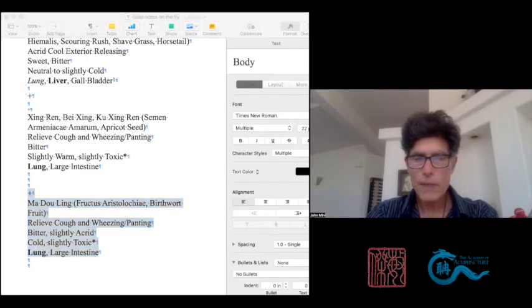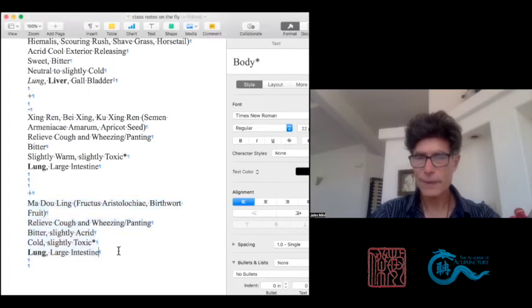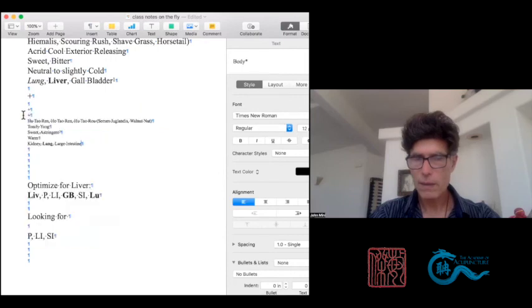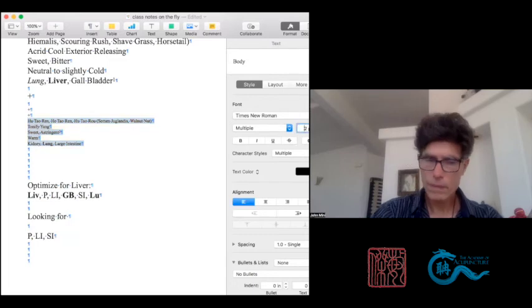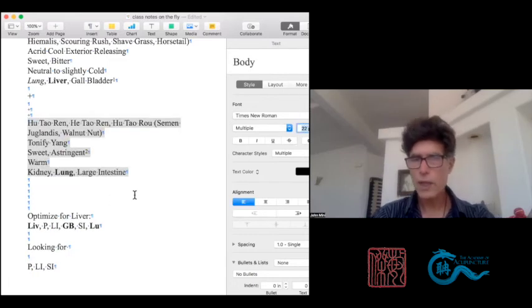Okay, what about if this patient gets yang deficient, but they still tend to heat? What would we add? Rather than Xingren, we would add Hutaren. Again, learning how to differentiate. Okay.